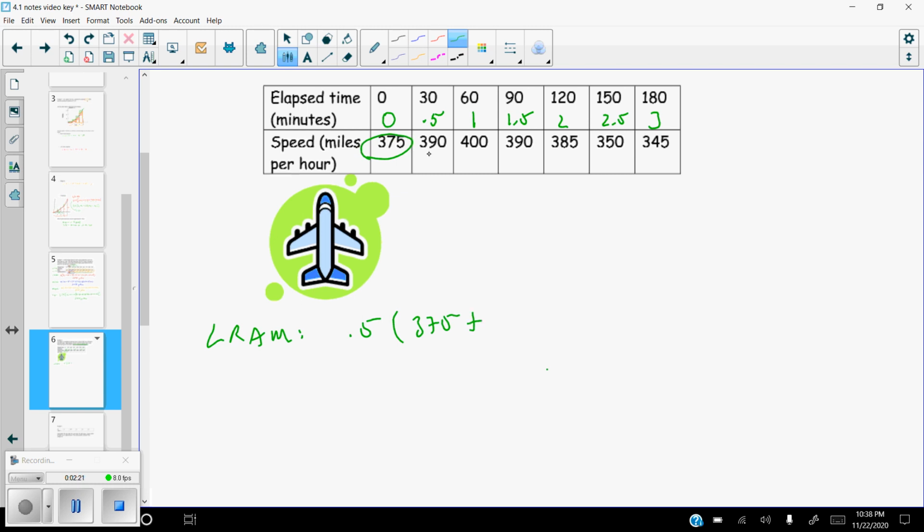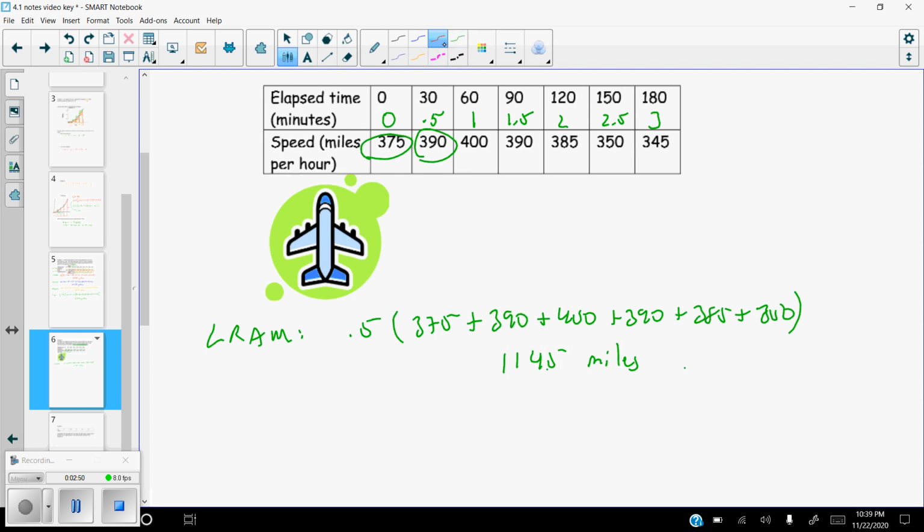So there's the first one. That's going to be the second one. The only one we won't use is the last one for a left approximation. Adding all that stuff up and then multiplying by 0.5 gives us 1,145. And remember, what we were trying to find is the total distance traveled, so that would be in miles.